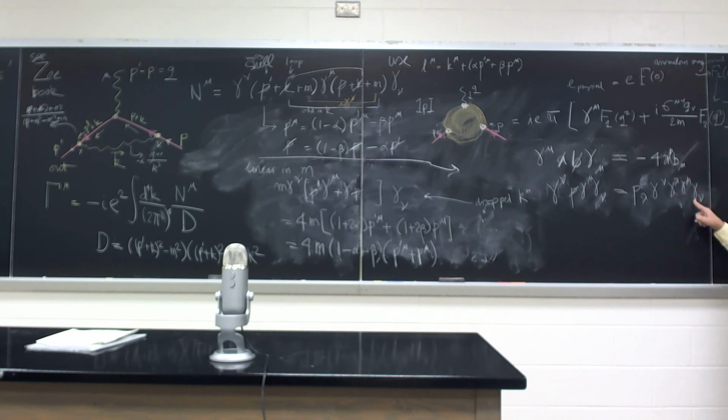And I really didn't ask you to do this. Okay. Then we commute these two guys, so we get 2g mu mu minus gamma mu gamma mu.